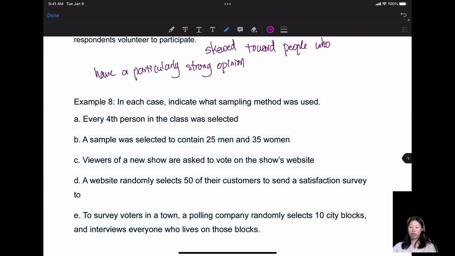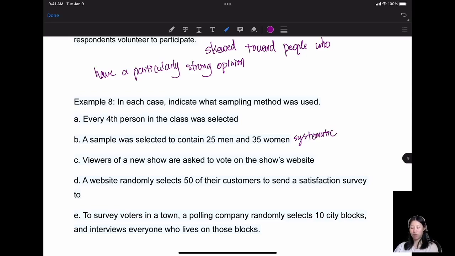So now this is another example. Try to pause the video and fill in and see which sampling method was used. A, every fourth person in the class was selected. So if you're doing the nth person, this should be what? Systematic sampling.